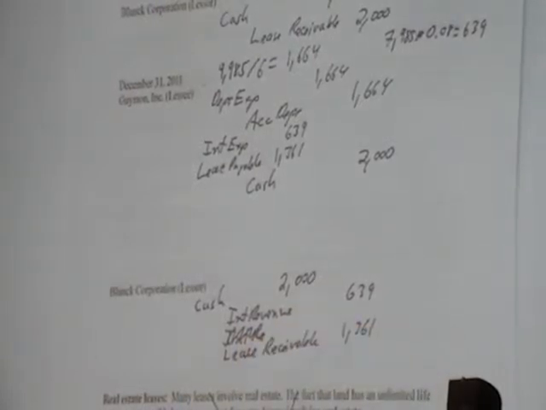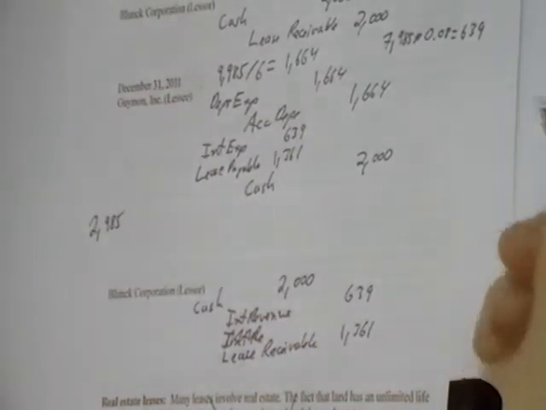All right, and so the only other thing that we need to do is the new thing, which is when we initially created this, we had a deferred gain. What we're going to do with the deferred gain is amortize it over the life of the lease. The deferred gain that we recorded initially was $2,985, and we're going to spread it over these 6 years.